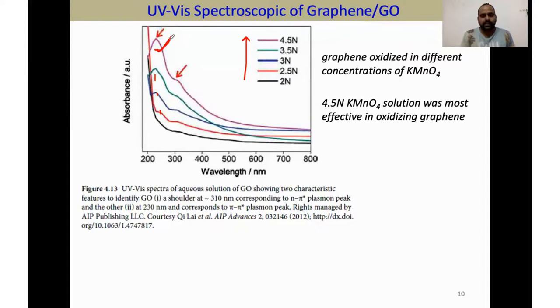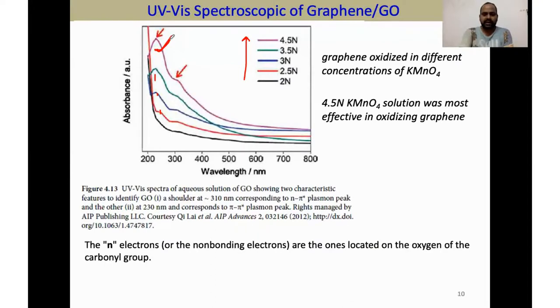Basically by doing this, we can also get an idea of the process mechanism when we are doing reduction or oxidation of graphene, such as changes over time, changes in the concentration of the oxidizing or reducing agent, or the effect of some other parameter, which can also be analyzed just by UV-visible spectroscopic analysis, right?